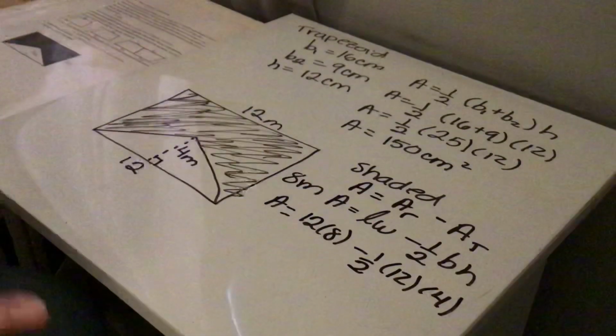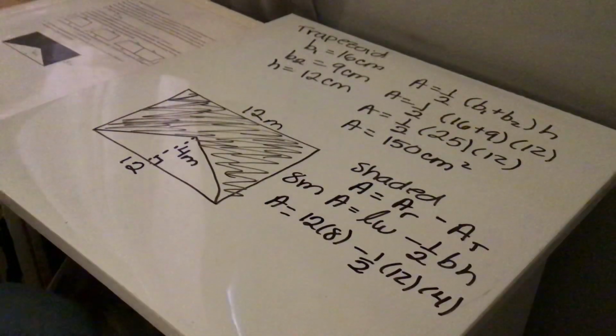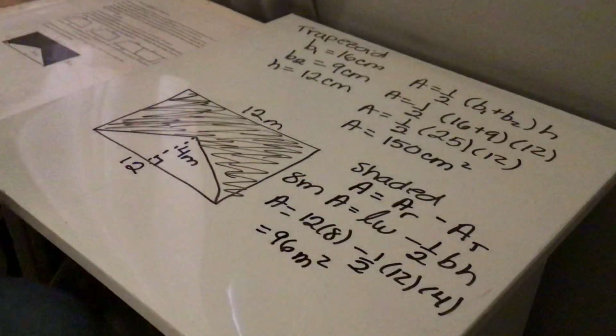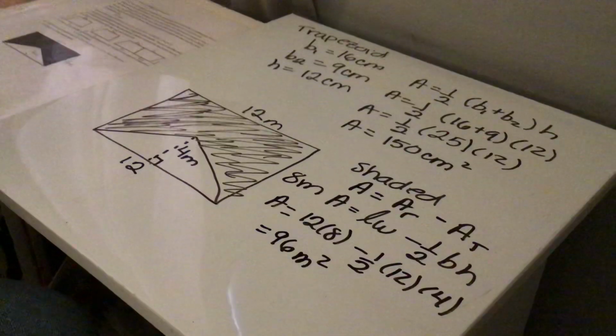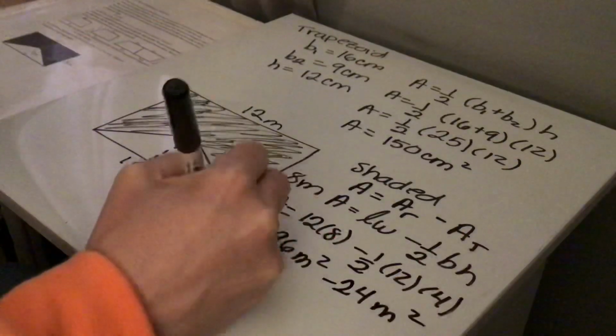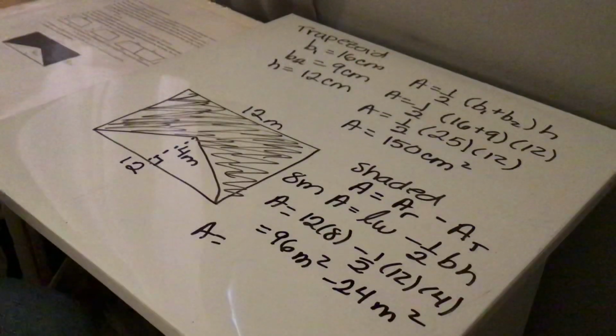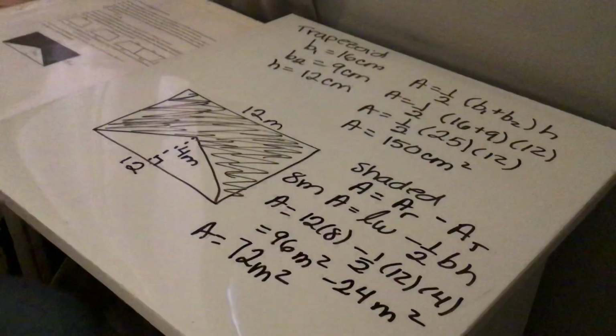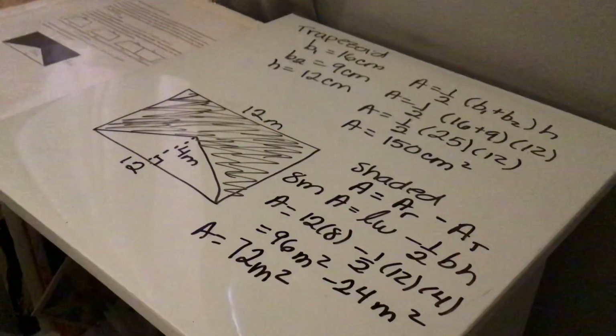So 12 times 8 is 96 square meters. And then 12 times 4 divided by 2, or times 1/2, that would be 24 square meters. And then you find the difference. So 96 minus 24 tells us that the area of our shaded region is 72 square meters.